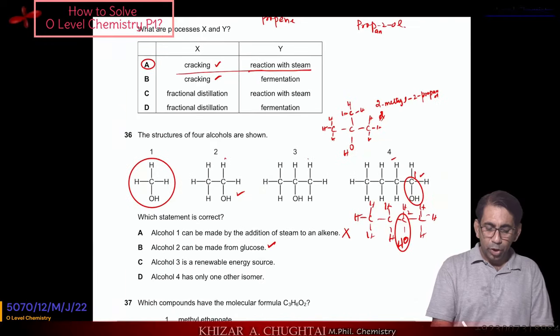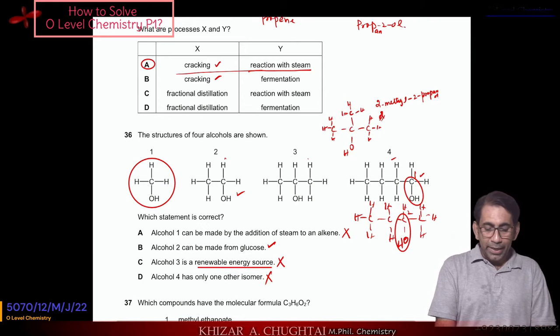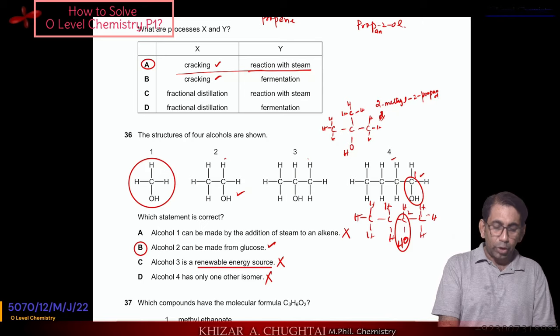So the last option is also incorrect. It's not a renewable energy source. Again, incorrect. Again, it is confirmed that B is the correct option.